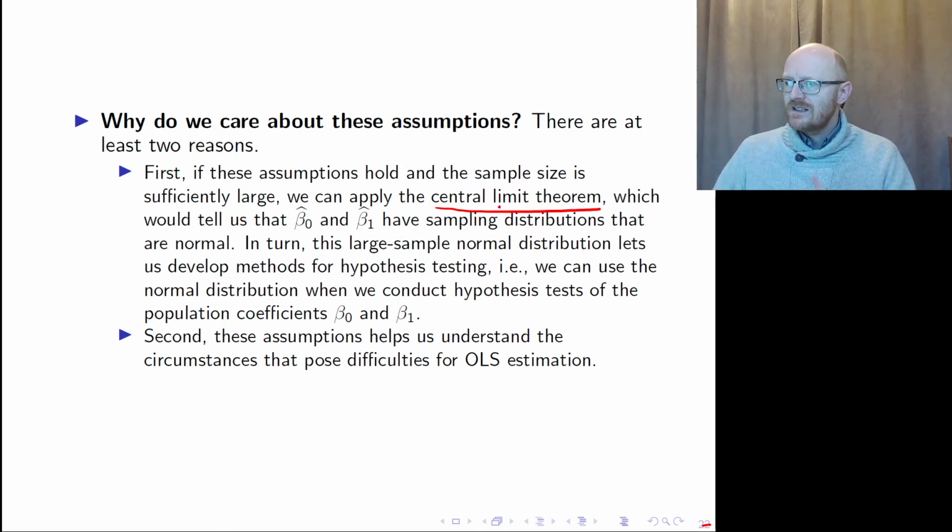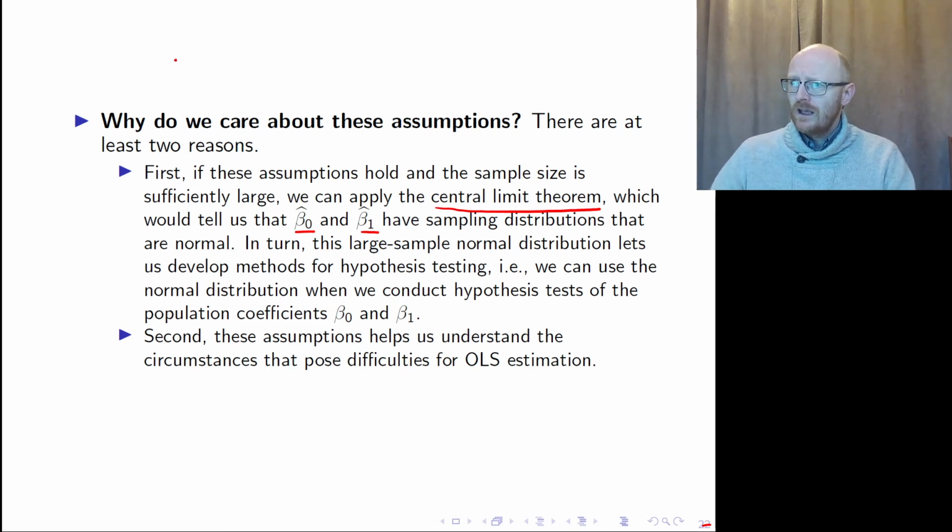By using the central limit theorem, we know that the intercept and the slope have certain distributions, right? They have a normal distribution. And why do we care about that? It's because we know how the normal distribution acts. We know how to calculate probabilities, which makes it easy for us to calculate probabilities around these estimates.